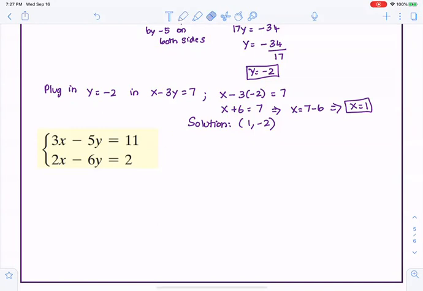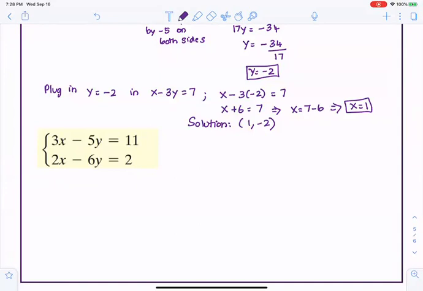Let me write that here. If I directly add it, I would simply get 5x minus 11y, because -5y, -6y is -11y. 11 plus 2 is 13, and that doesn't help. So that's not going to work for us. So we have to do something in terms of algebra so that we can get rid of the x's.